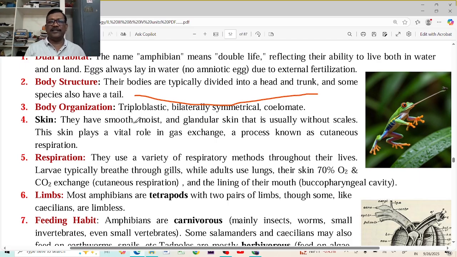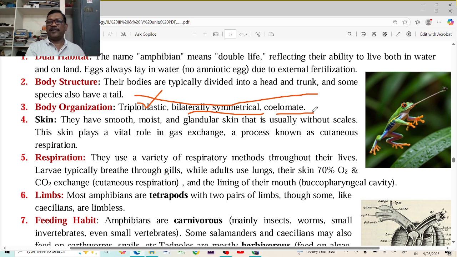Not only in amphibians, from the platyhelminthes onwards, we can see the three embryonic germ layers. Only in the cnidarians, two germ layers are present during their embryonic development; those are diploblastic animals. Bilateral symmetry also started in the platyhelminthes onwards. All the higher order animals are bilaterally symmetrical, and the coelom is enterocoelomate.